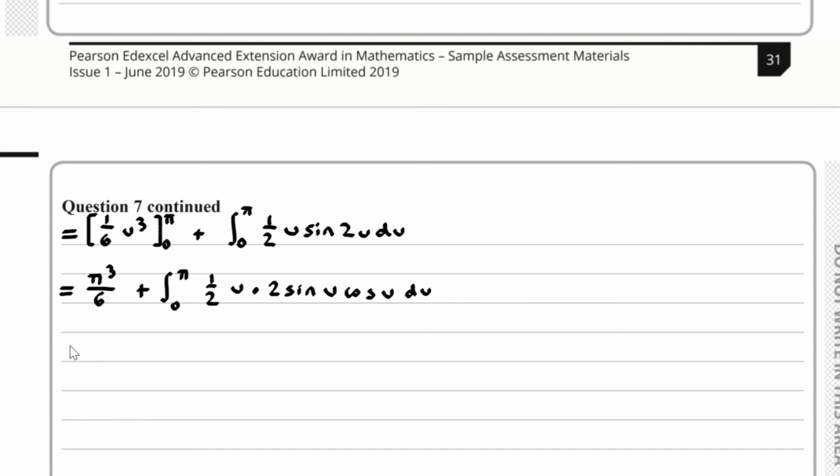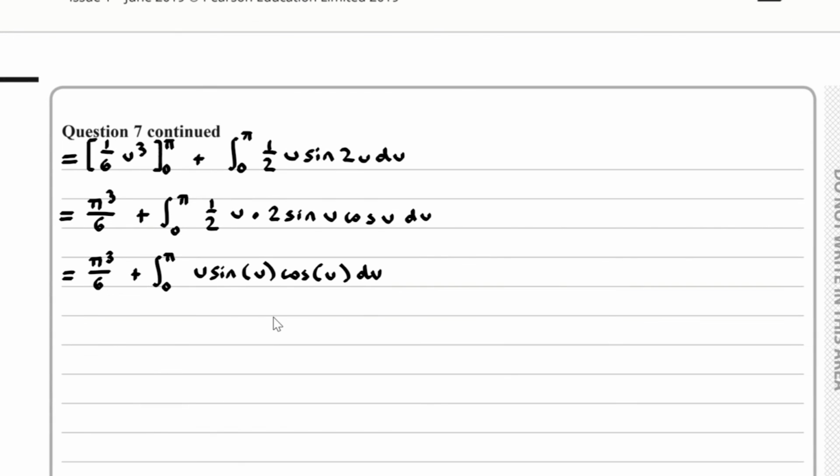Now the half and the 2 cancel, so I'm left with pi cubed over 6 plus the integral from 0 to pi of u sine u cos u du. So that's what we end up with. And that's exactly what I wanted to show.